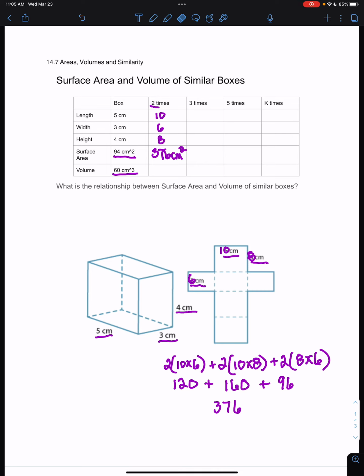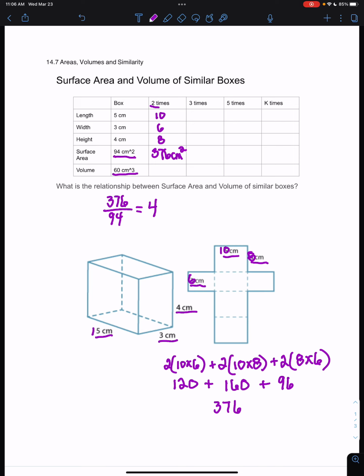So let's take 376 and divide it by 94. 376 divided by 94, and we get a scale factor of 4. Oh my. So instead of 2 times, we're actually multiplying it 4 times. Interesting. All right, let's check out the volume, the difference in volume.